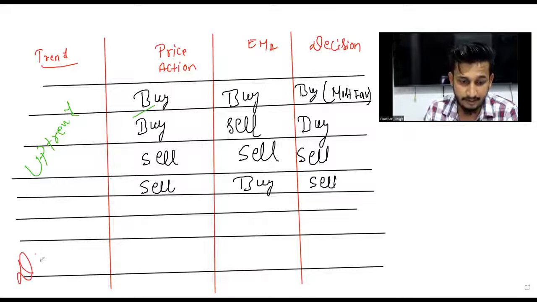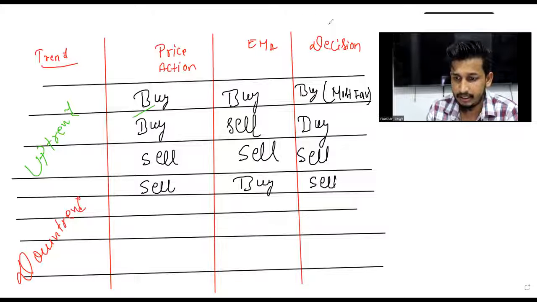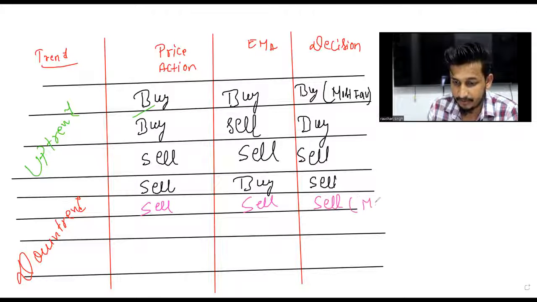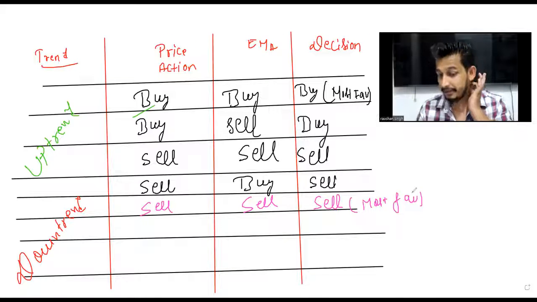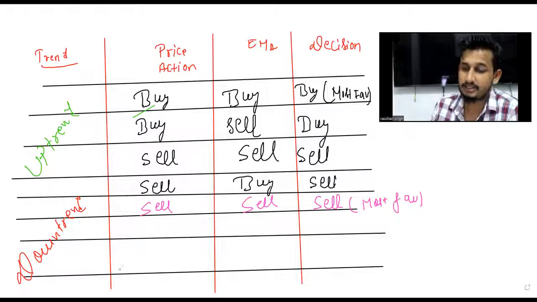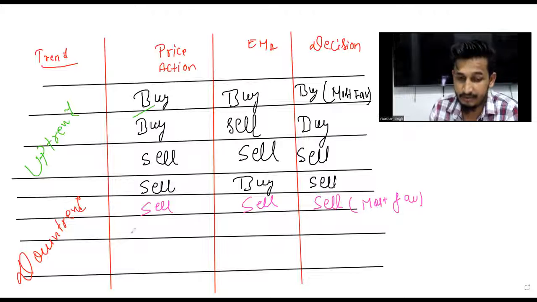Then we have the downtrend. In a downtrend, if price action is going for the sell side and EMA is on the sell side, we will go for sell, and this is my most favorable trade. Most favorable as in it will give me better targets, and the chances of hitting the target, the accuracy, will be more.